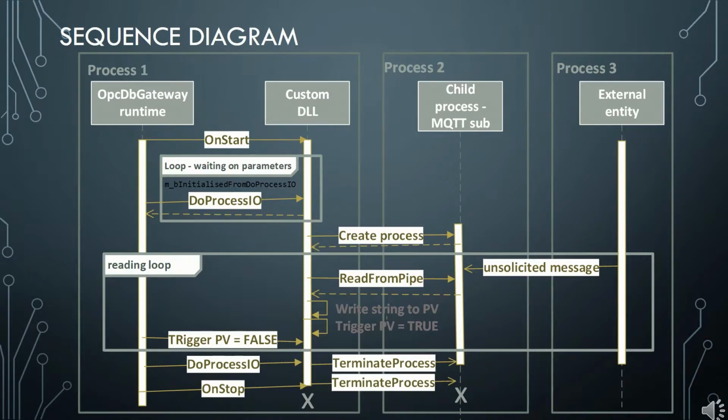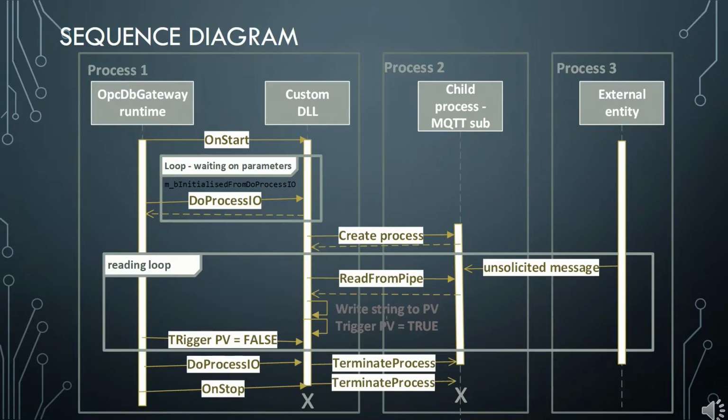In our application, messages are also written to the log file via the standard logging class in the enhancing DLL. Stopping the child process is done by the call DLL by calling the do process IO API function with the MOActualStatus argument set to the stop value.